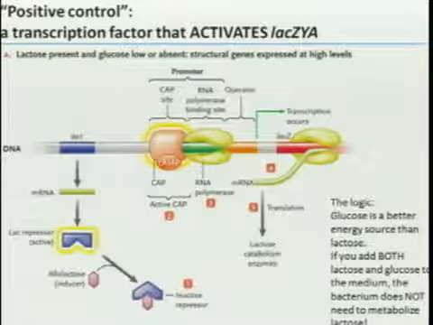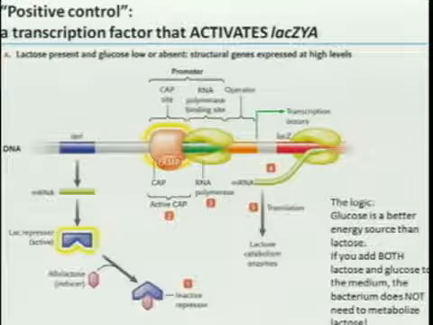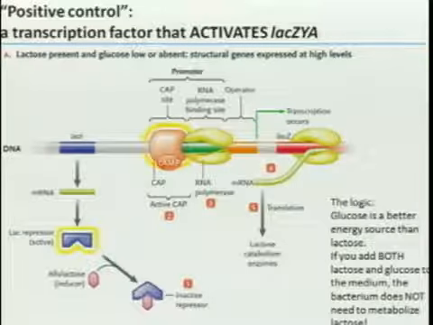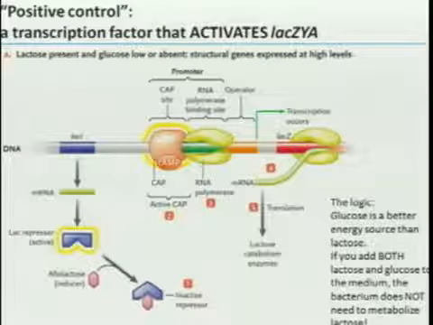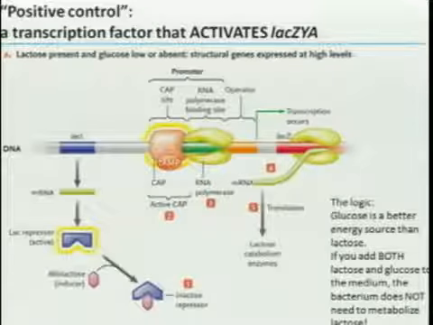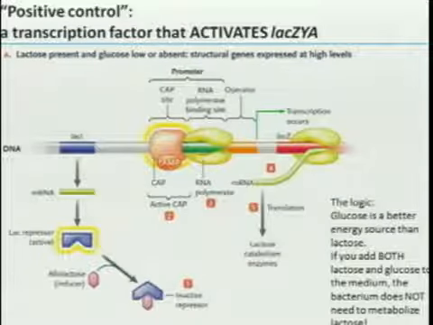And that sensor also works via a transcription factor. So the beta-galactosidase gene is controlled by not one, but two separate transcription factors. One determines whether or not there's lactose in the medium, and one determines whether there's glucose in the medium. And they talk to each other by controlling whether or not RNA polymerase can transcribe. And that's what I'd like you to know for the midterm.